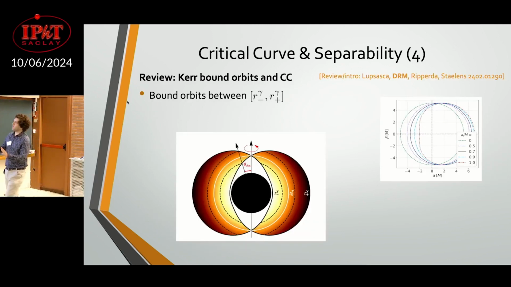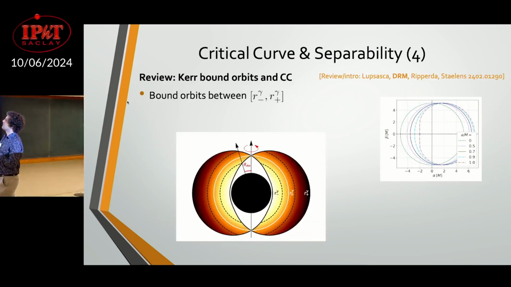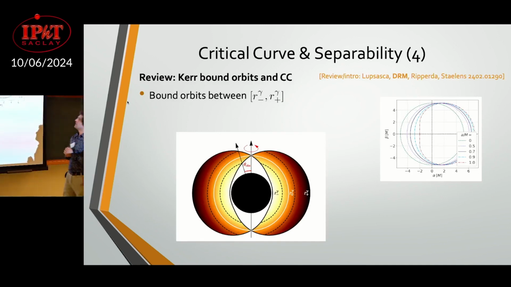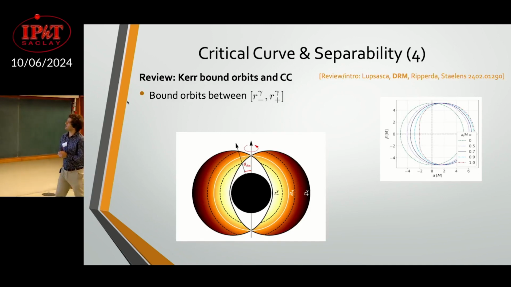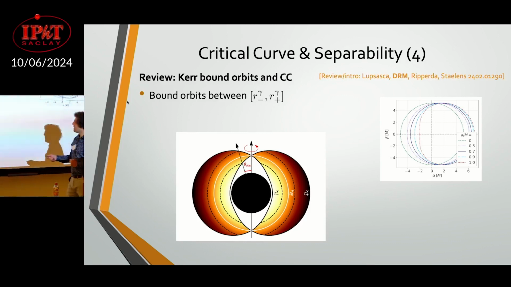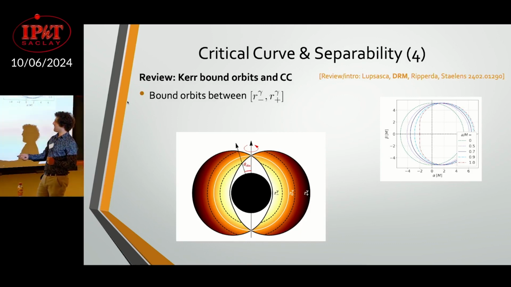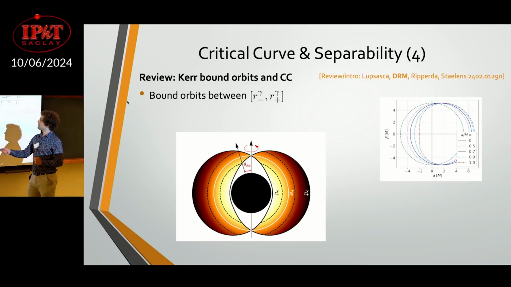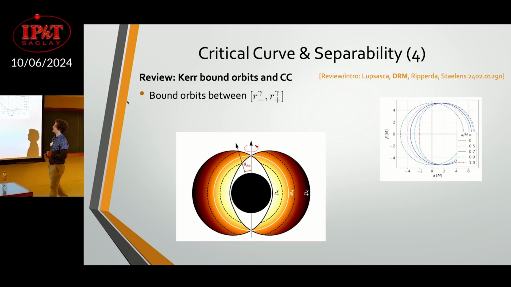I'm going a little bit fast because this is a little bit of review, not super important. But the picture that you get in the end is this thing called the photon shell, and this depicts the bound orbits. If you pick one radius here, then you have an orbit that bounces between theta plus and theta minus as it travels around the black hole, bounce, bounce, bounce, and stays on the same radius.